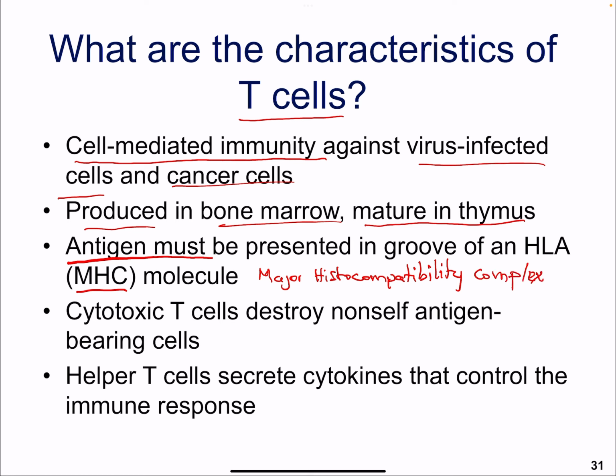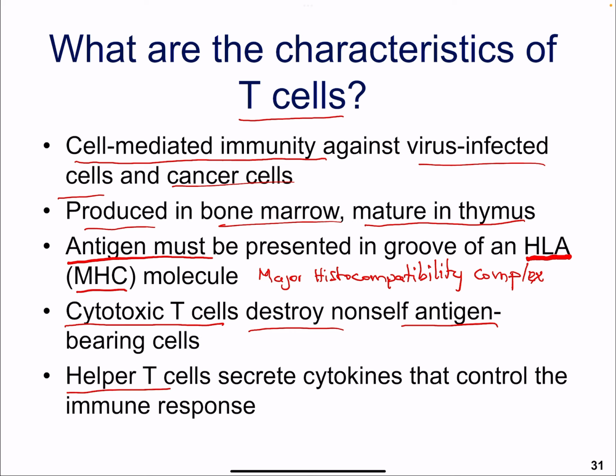It's a long name. Major histocompatibility complex, MHC, right? This MHC in humans is called HLA. Okay? Now, the cytotoxic cells, their job is to destroy non-self antigens that are presented by antigen presenting cells.